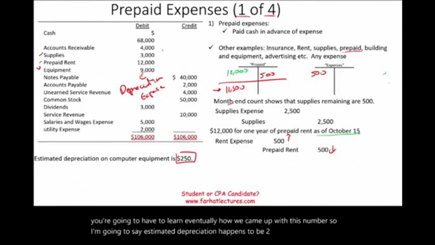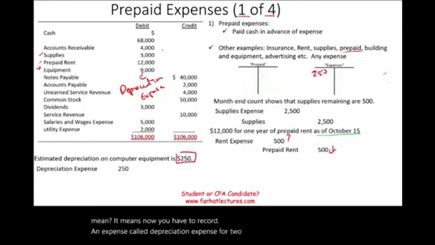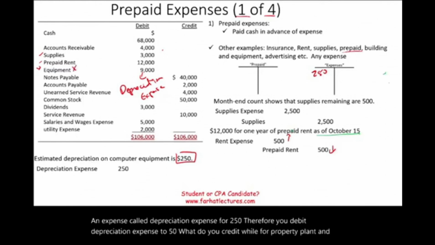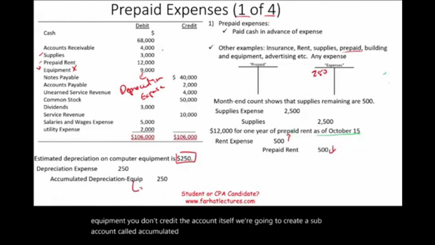What does that mean? It means now you have to record an expense called depreciation expense for $250. Therefore, you debit depreciation expense $250. What do you credit? Well, for property, plant, and equipment, you don't credit the account itself. We're going to create a sub-account called accumulated depreciation, equipment. This account is a contra asset.